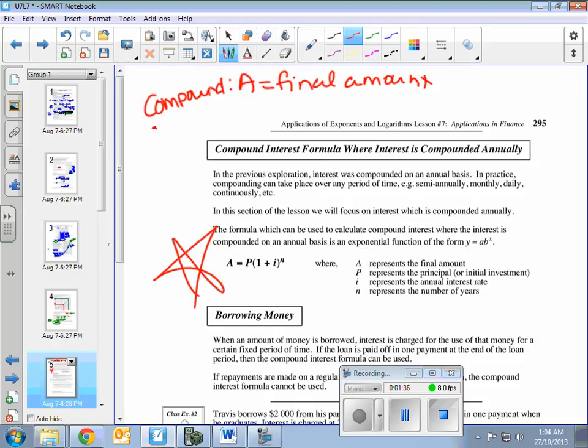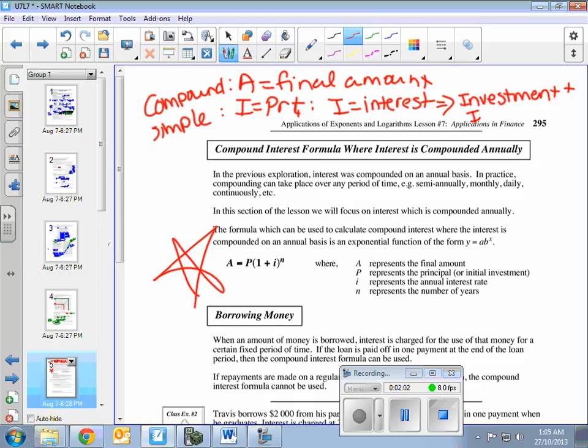With simple, your I equals PRT. This is your simple interest formula. Your I is only your interest earned. So the biggest thing is simple, you have to go initial investment plus your interest to equal your final.